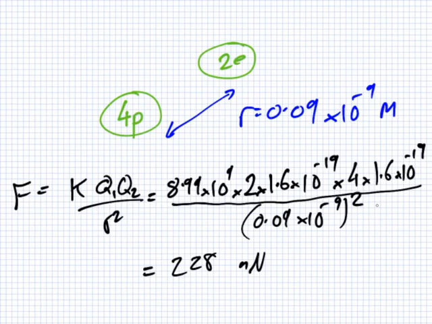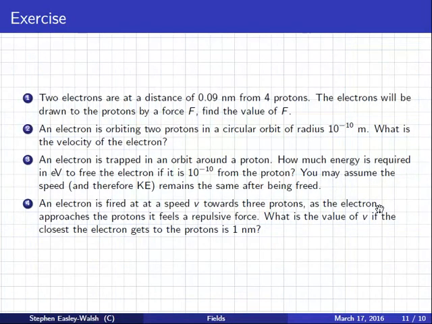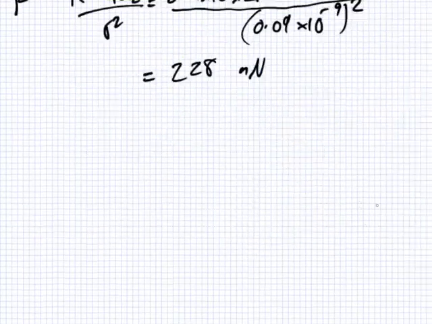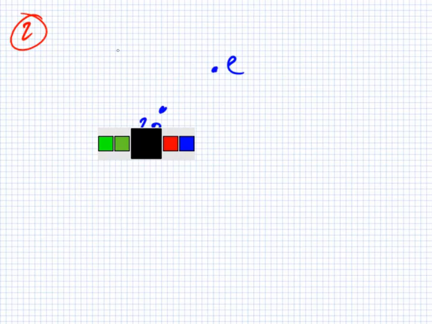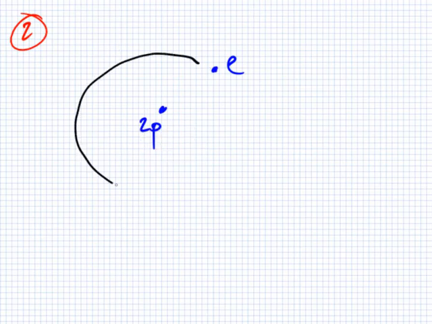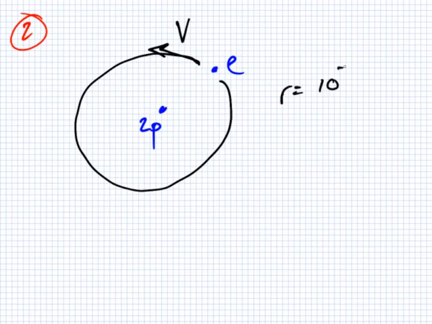Okay. Number 2. An electron is orbiting 2 protons. What is the velocity of the electron? Okay. So an electron is orbiting 2 protons. And the distance here is 10 to the minus 10.